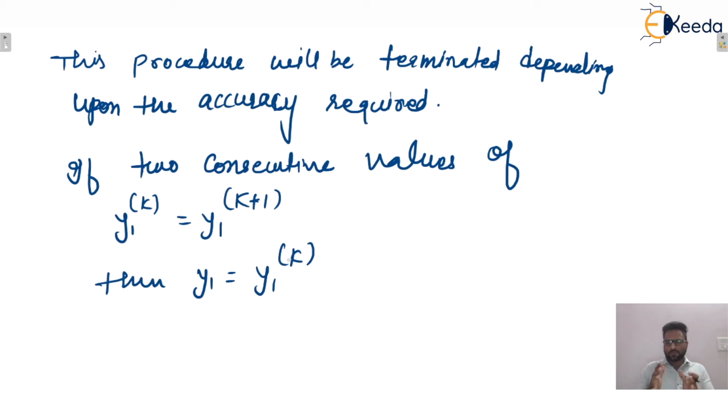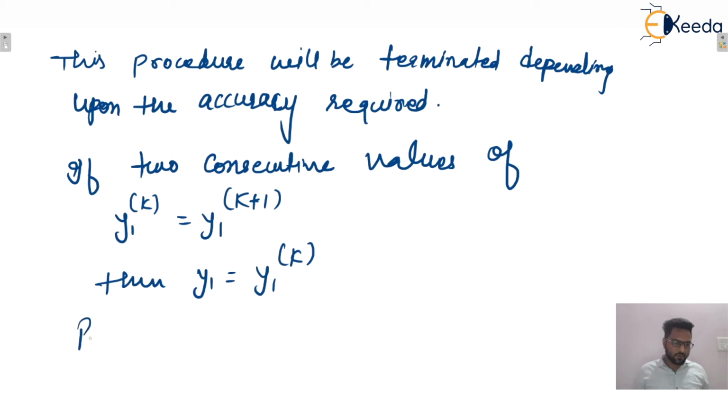That means we will find y1 superscript 1, y1 superscript 2, y1 superscript 3, and so on. Whenever two consecutive values are the same, we stop there, and that will be the final answer. The answer obtained from the modified Euler's method will be more accurate than the standard Euler's method, isn't it?